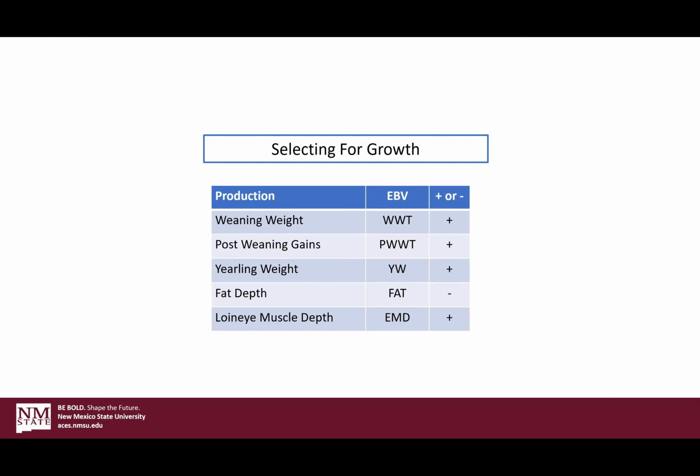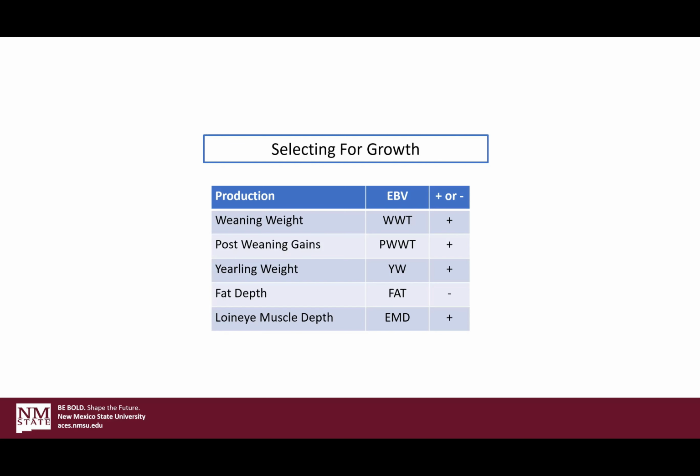Something you want to think about when selecting for a specific series of traits, such as growth, you can give up reproduction on the female side. So we don't want to do that necessarily. So if this is something that you really are wanting to maximize your profits through the lambs, it would be more of a terminal, what's called a terminal cross, and I just realized my slide didn't make it in.